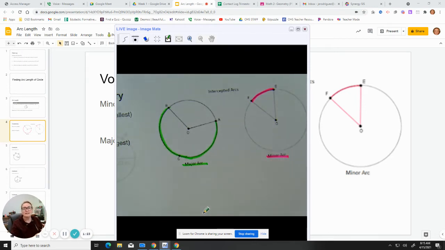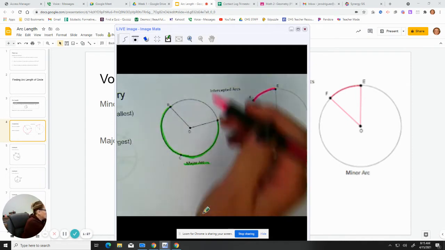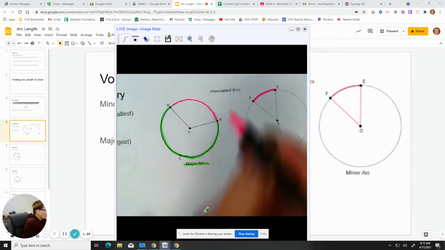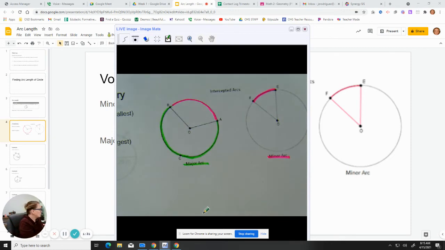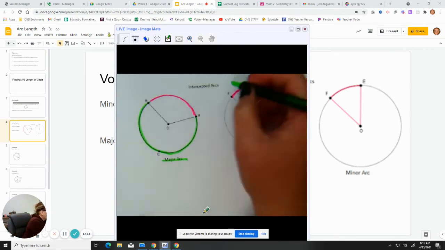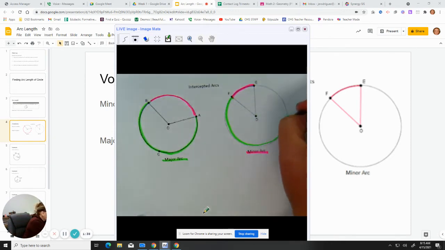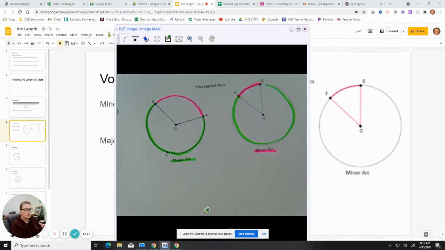Now you'll notice that every circle has both. So even though this green is the major arc, it still does have a minor arc, okay? And just because this pink is the minor arc, it still does have a major arc. So you're going to have to pay attention to what it's asking you for. Is it asking you for the bigger arc or the smaller arc? Basically, that's what major and minor are.